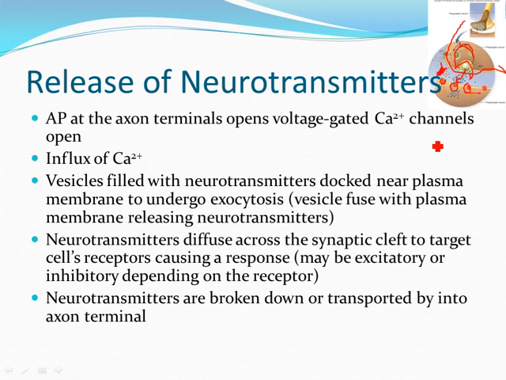When we want to stop a neurotransmission, usually the neurotransmitter will be broken down by enzymes within the synaptic cleft or on the postsynaptic cell itself, or it will be taken back up by the presynaptic neuron so that it can be recycled, basically.